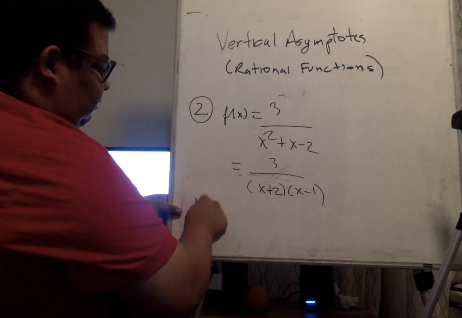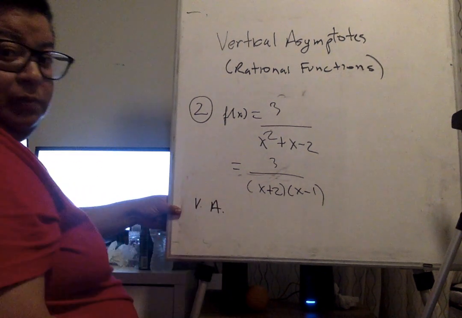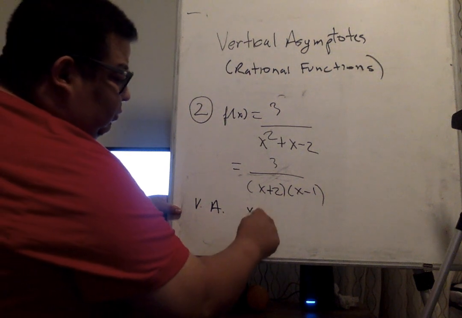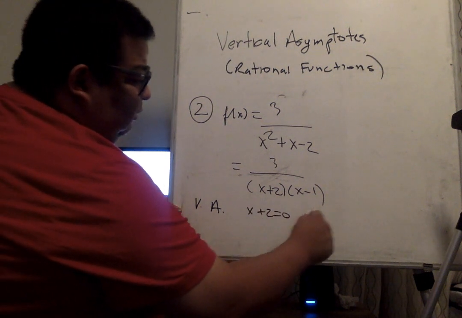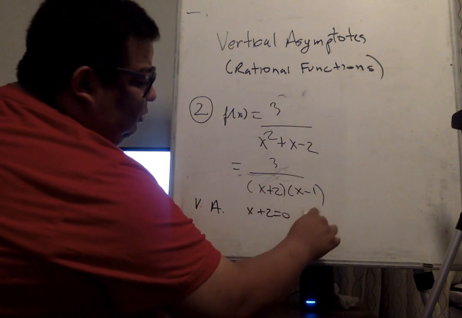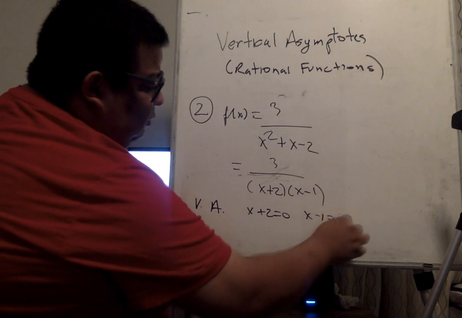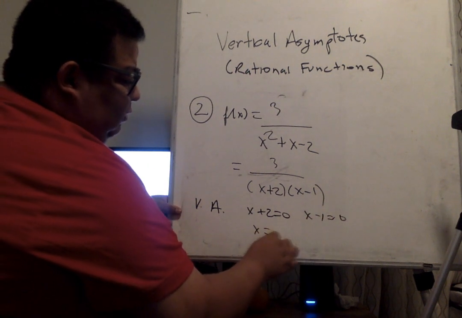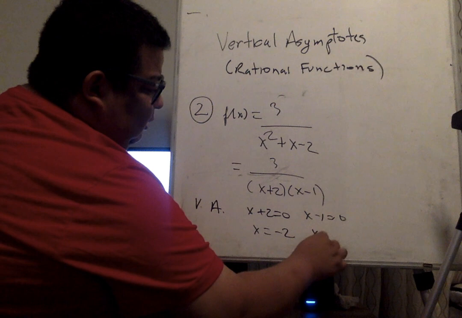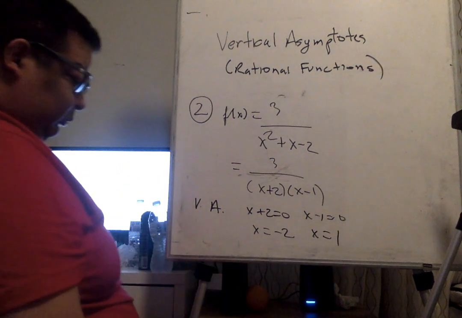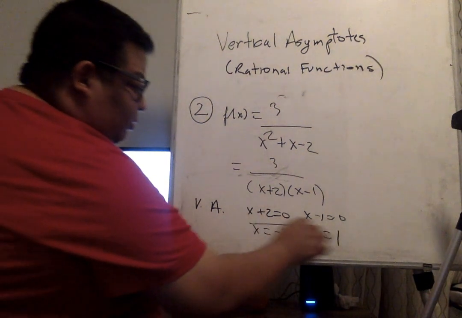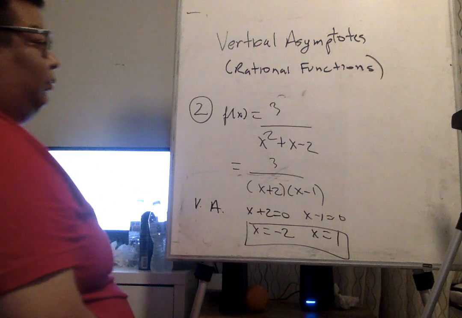So your vertical asymptotes are x plus 2 equals 0. You set the denominator equal to 0, so x minus 1 equals 0. So x equals negative 2 and x equals 1. So those are your vertical asymptotes.